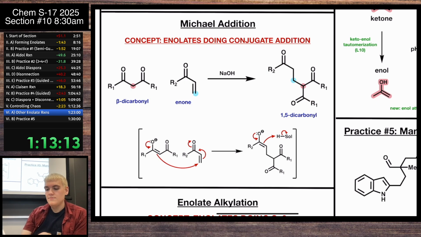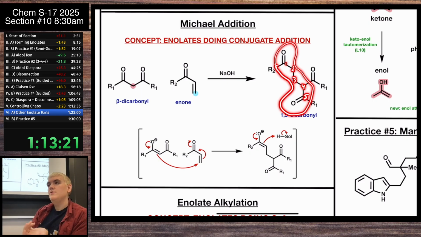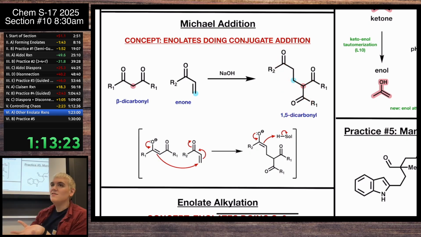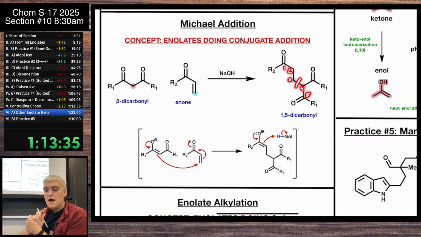Oh, that was not what I meant to circle. I meant to circle this: 1, 2, 3, 4, 5. So if you have a product with 2 carbonyls that are 5 away from each other, you did a Michael addition. You need to be disconnecting between the 1, 2, 3 position, which is going to be the end of your enone, and then 4, 5.